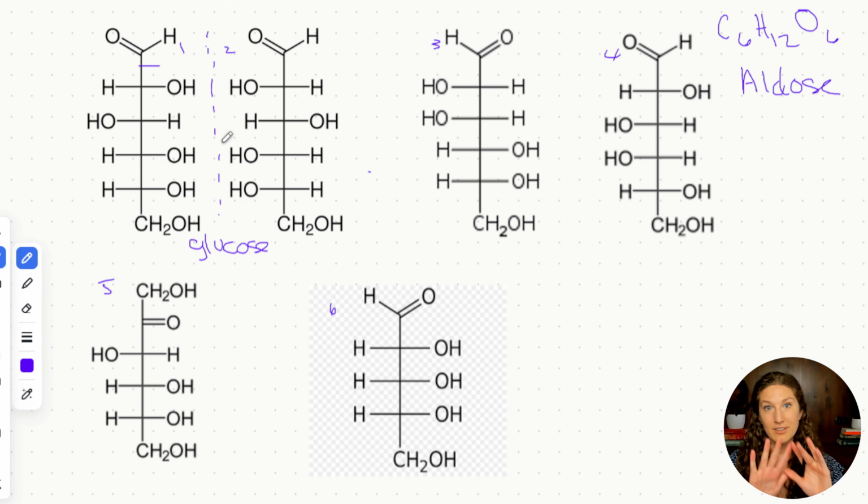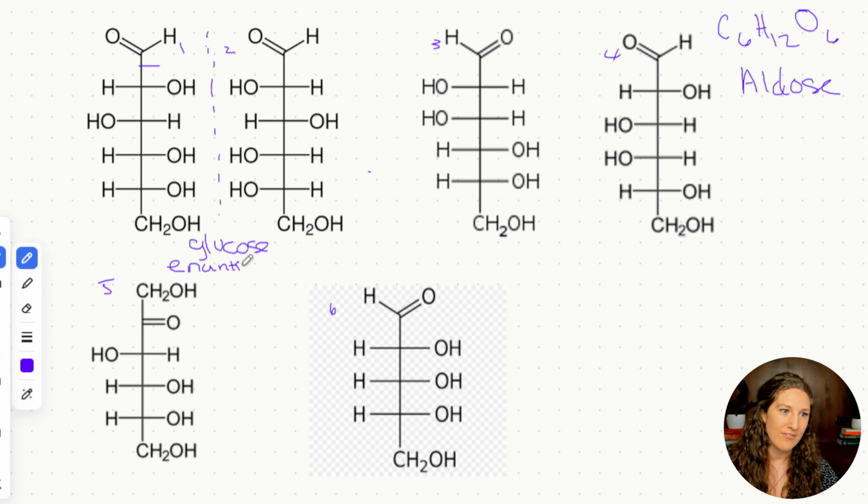In other words, if we drew a mirror image, and we flipped them on top of each other, they would line up perfectly. But if we superimposed them, if we laid sugar 1 on top of sugar 2, they would not line up, right? The substituents would not line up. So do you remember what type of isomer that is when they're non-superimposable mirror images? They are enantiomers, all right? So these guys are enantiomers of each other.